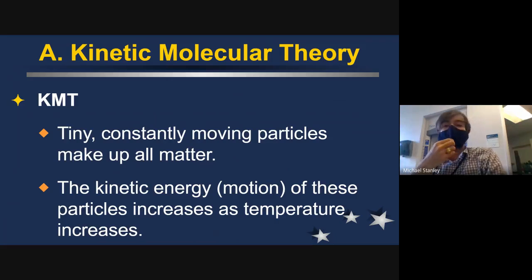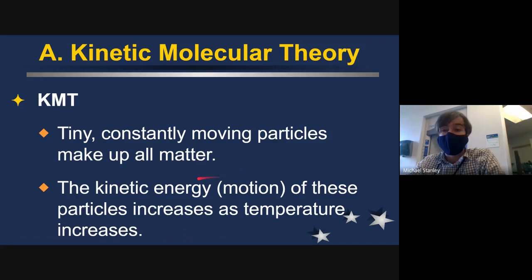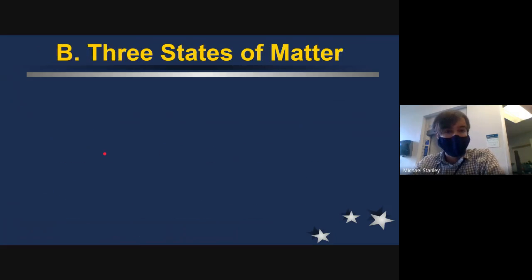So why are we talking about this complicated thing about these tiny particles that move faster when they get hotter? This actually is the backbone for the three different states of matter that we're going to talk about.